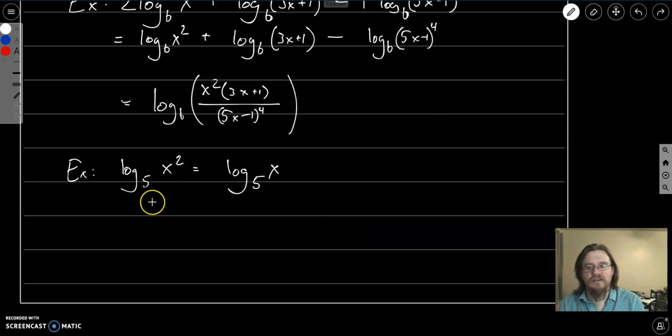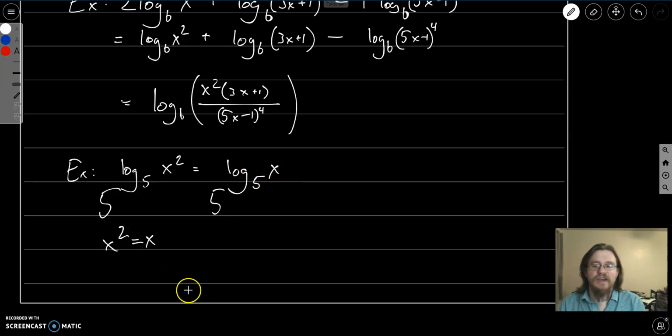So if I write 5 raised to both sides, 5 raised to the log base 5 of x squared, and 5 raised to the log base 5 of x, I will get x squared is equal to x. And we can solve this, and we get that x is going to be equal to either 0 or 1. And right away, there is a problem with one of these.